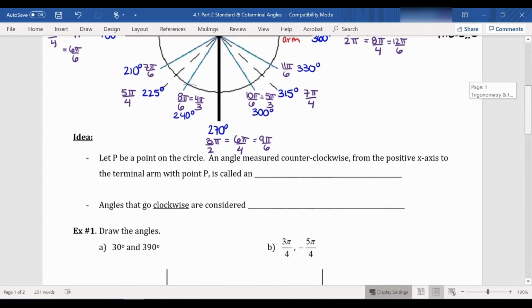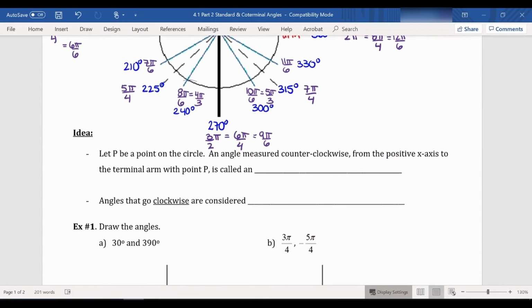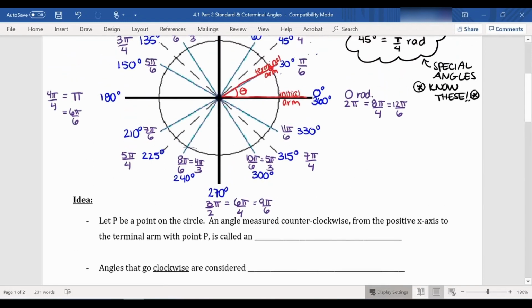So let P be a point on the circle, anywhere along the circle. If we measure an angle counterclockwise, which is how we just went around the circle, starting from that positive x-axis, then wherever our terminal arm ends, that point on the terminal arm that crosses your circle would be point P, and we call this an angle in standard position.